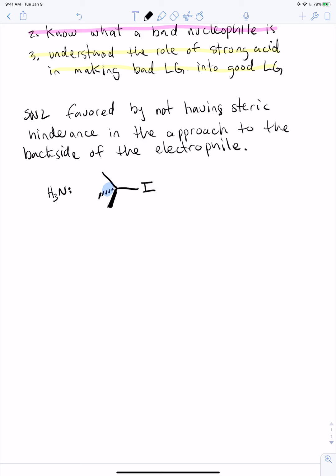But if we were to use, say, trimethylamine, now our nucleophile has become sterically hindered, right? So we want a small, not sterically hindered nucleophile.